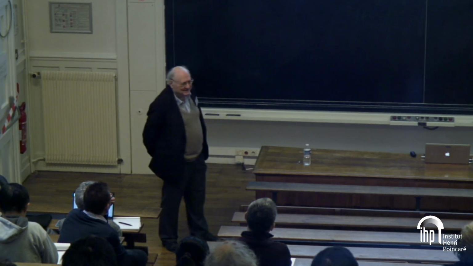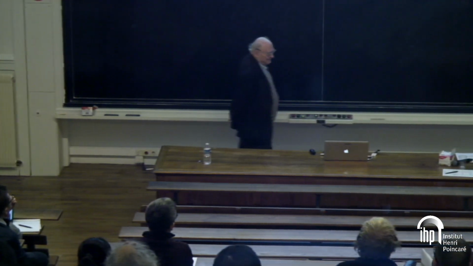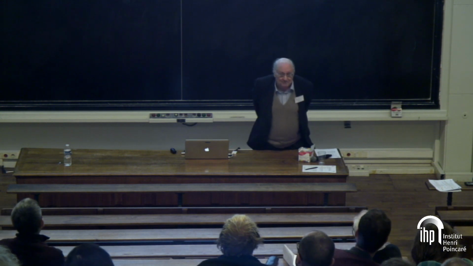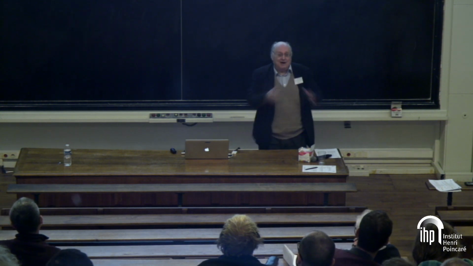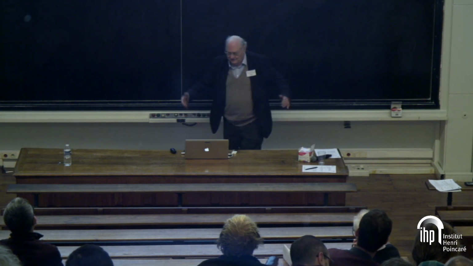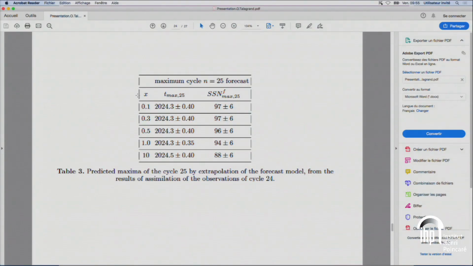So we'll see what happens. Of course, among the various methods, some simply use correlations between successive cycles, because as you've seen, there is a correlation between the various cycles. So statistical correlation is a way of prediction. And so we'll know in a few years which were the best of these forecasts.